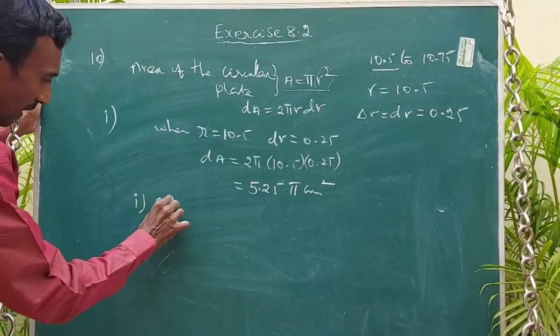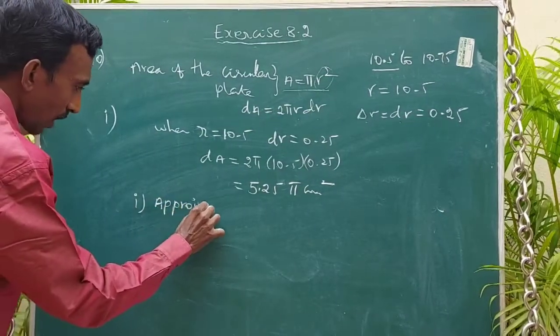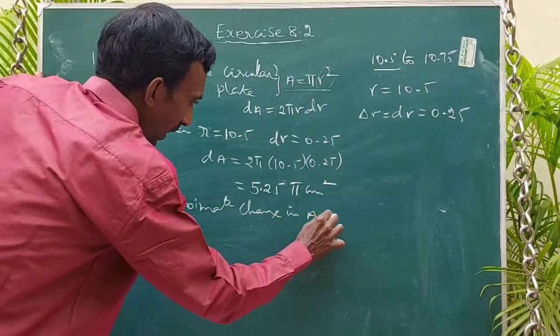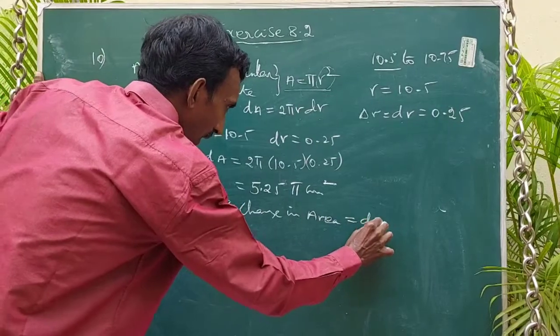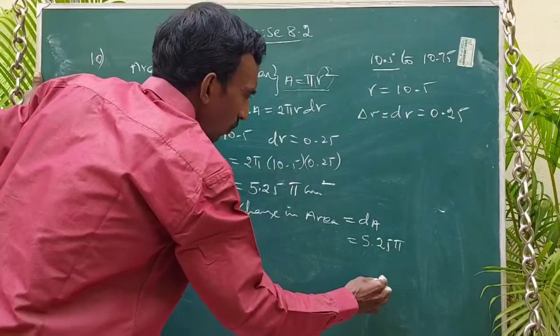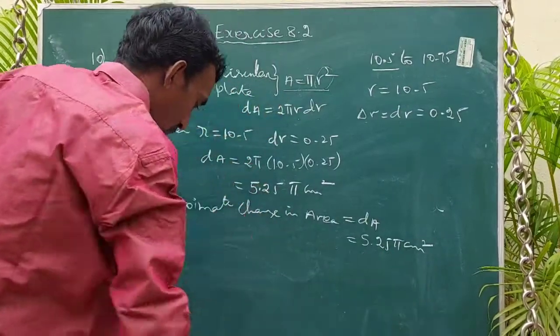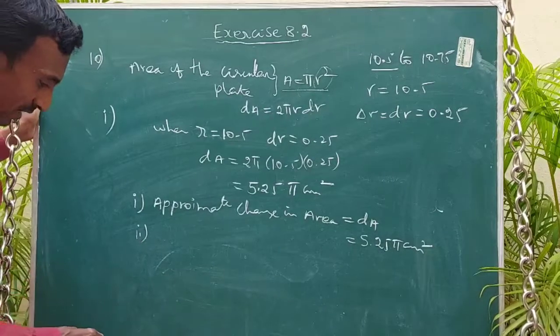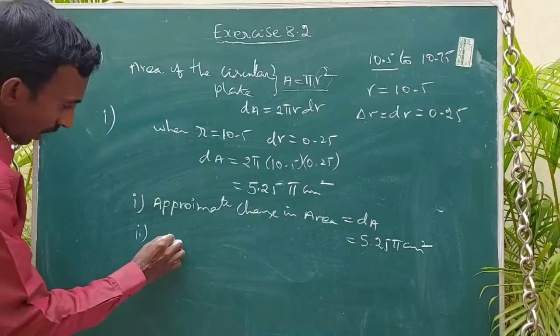The approximate change in area is dA, equal to 5.25 pi centimeters squared.